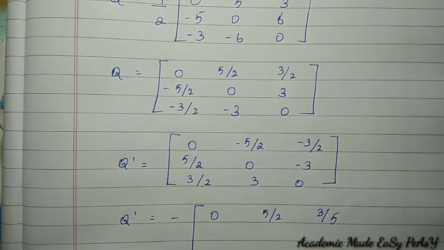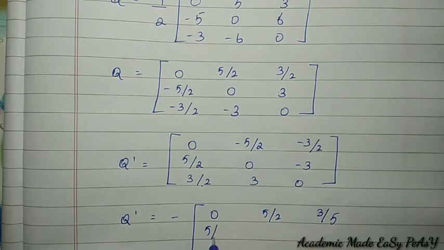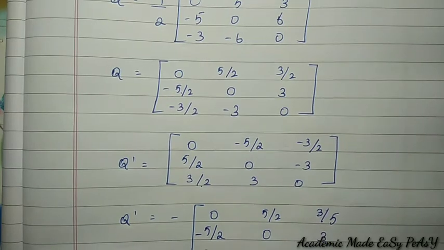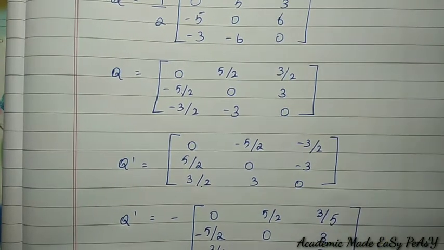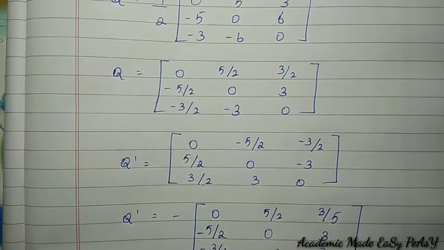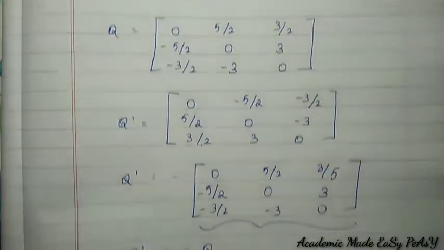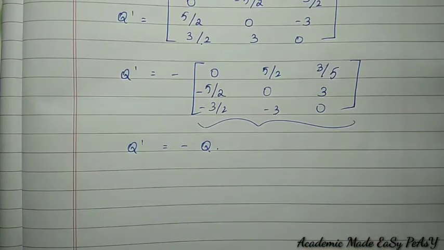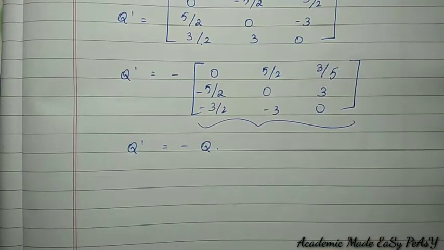My positive will become negative, negative will become positive. So here 0, 3, minus 3 by 2, minus 3, 0. So this is my Q, no? So Q dash is equal to minus Q. This I got it. Therefore it is a skew symmetric matrix.